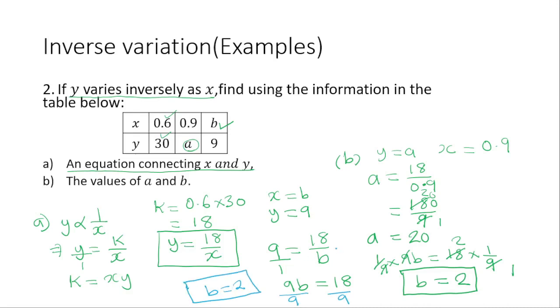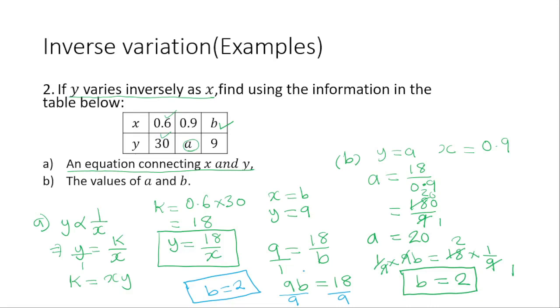The mathematical way is what we've been doing previously. This one is a short way of doing it because you know that you're multiplying by the multiplicative inverse on both sides. So it doesn't hurt to think through these things mathematically. So this ends the lesson on inverse variation.